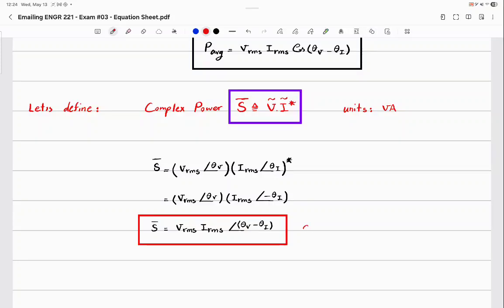I'm going to write here complex power in polar form. How can I change this polar form into rectangular form?